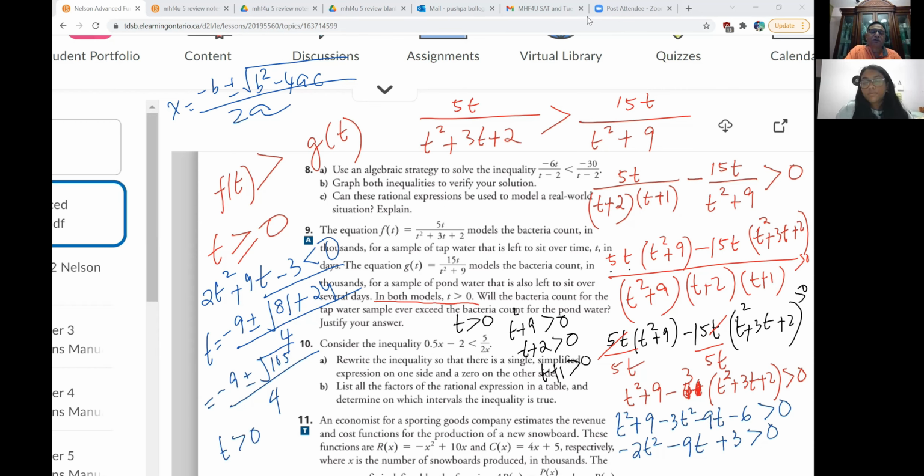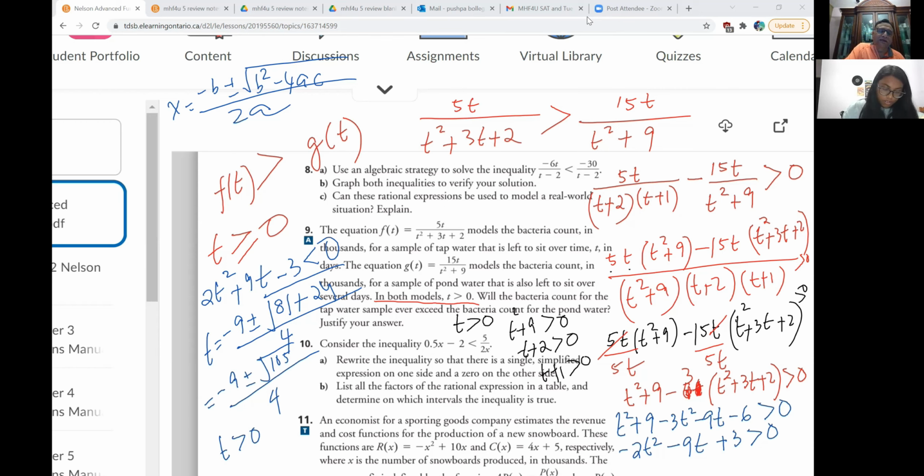So one of the values which we are going to get from here is a positive value. Calculate, what do you get? Minus 9 plus the square root of 105 divided by 4. One of the answers is negative 6.4, so we'll neglect that.